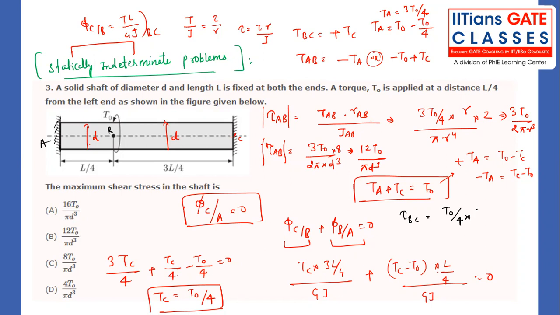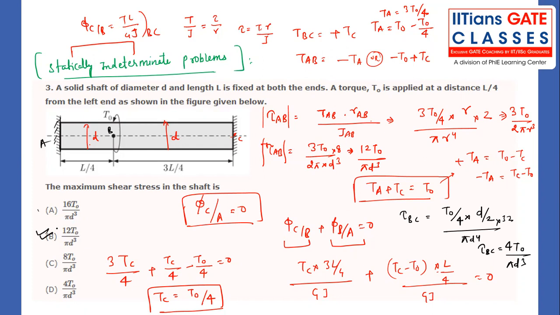Remaining things will be the same. Radius will be R, so we write d by 2. J is pi d power 4 by 32. So if you calculate once again, you get 4T naught divided by pi d cubed. So which is larger, 12T naught or 4T naught? 12T naught. So this will be the answer.